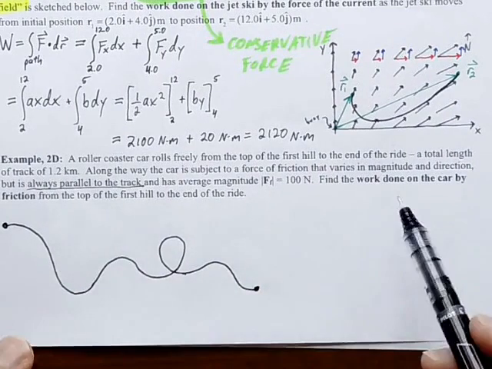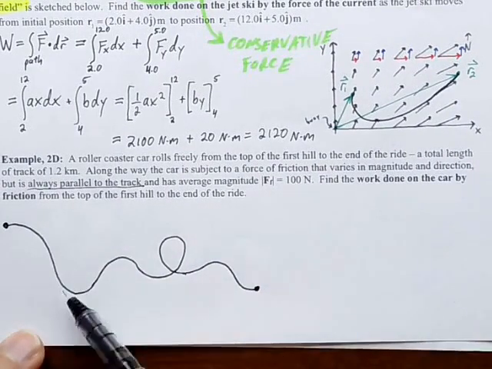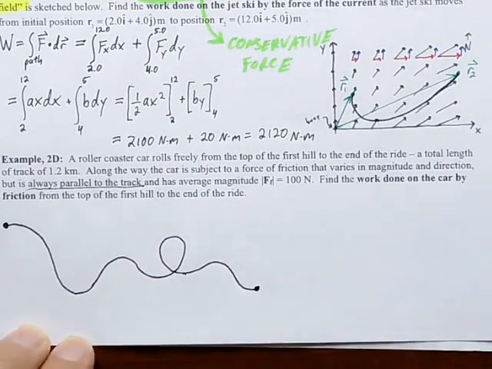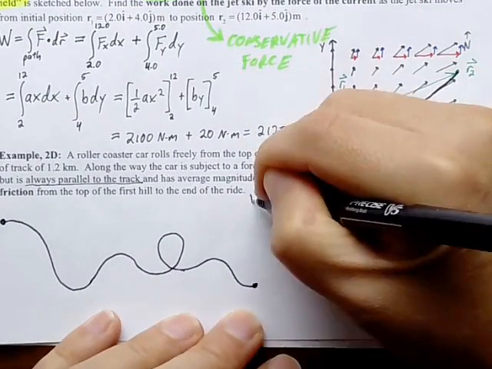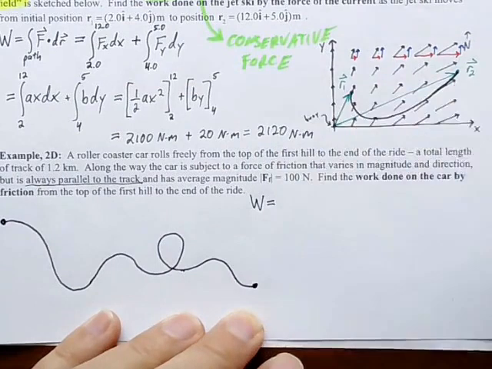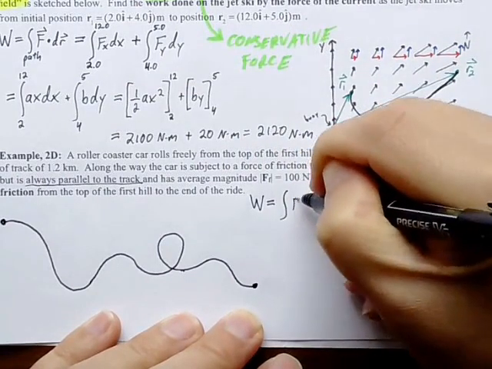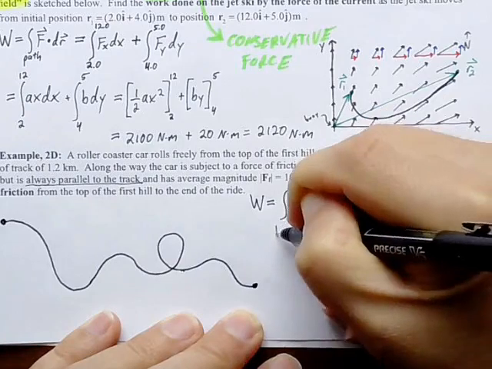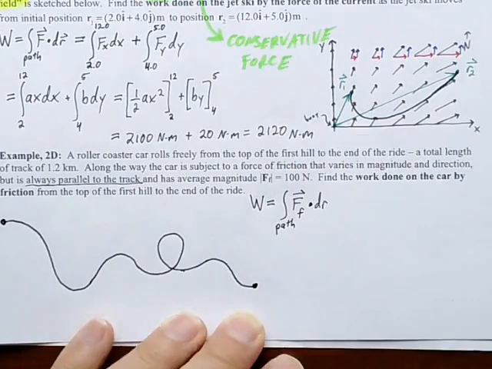So you want the work done on the car by friction, the effective friction trying to slow the car down as it travels through the whole roller coaster. Let's set up this integral. The work done will be the integral of our force of friction dotted with dr along that curved path.